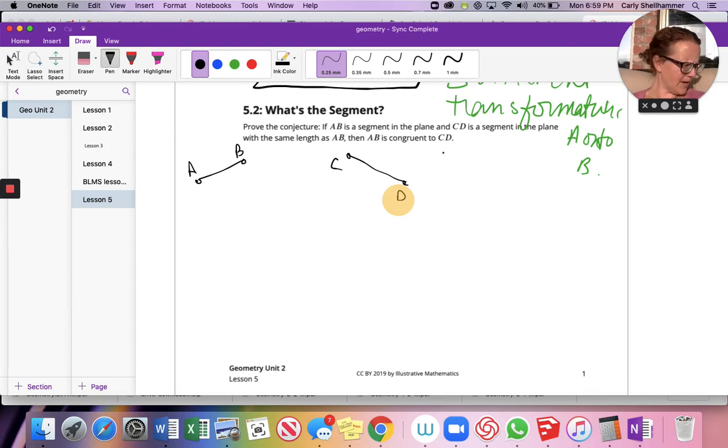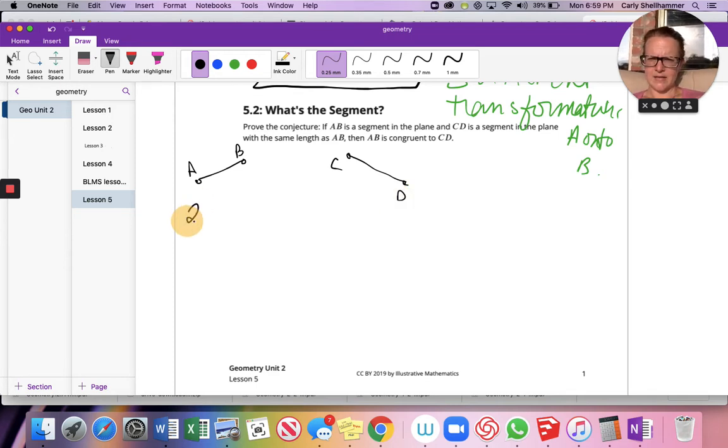So we're going to say AB is a segment in the plane and CD is a segment in the plane with the same length as AB, then AB is congruent to CD. All right, so how are we going to do this? Sometimes it can be easier to do counterexamples. That means proving it's not true in one way, but we're going to try to prove that it's true.